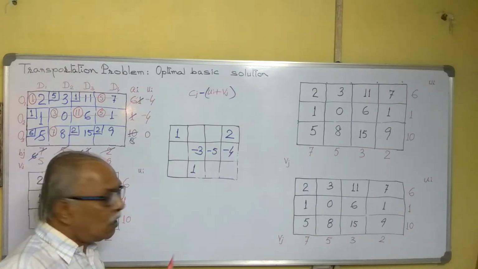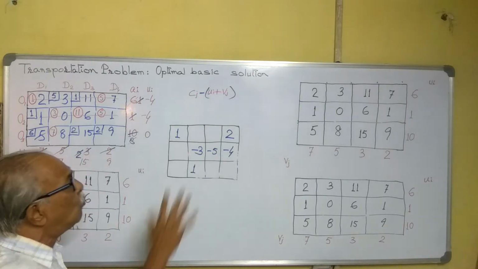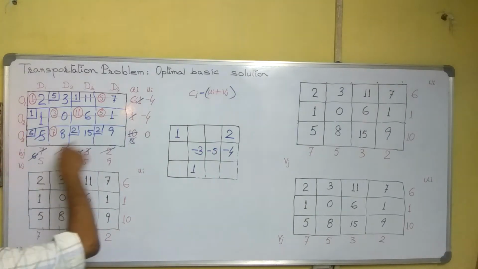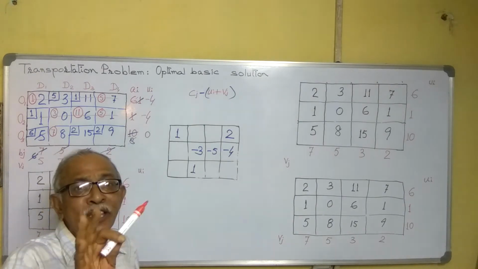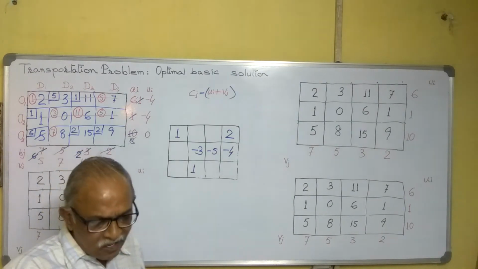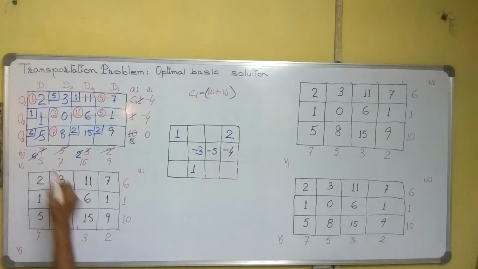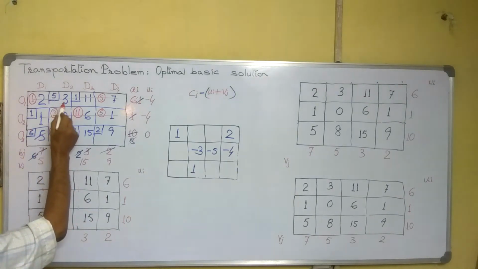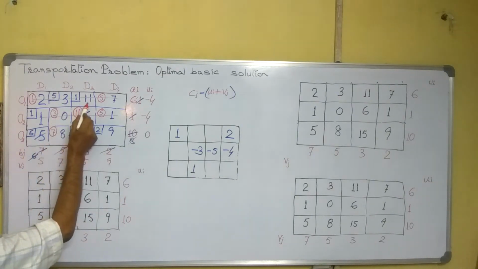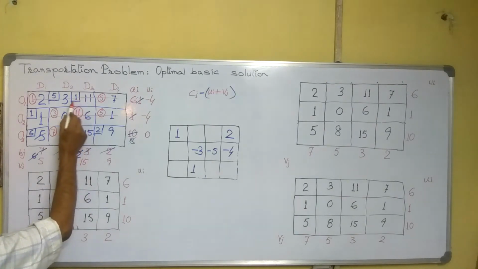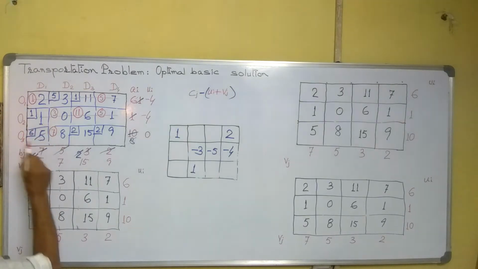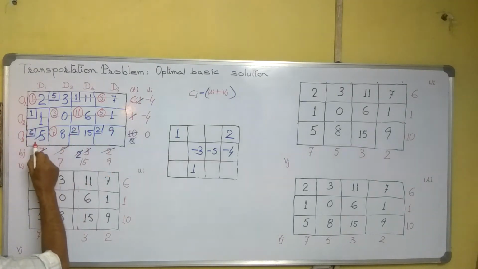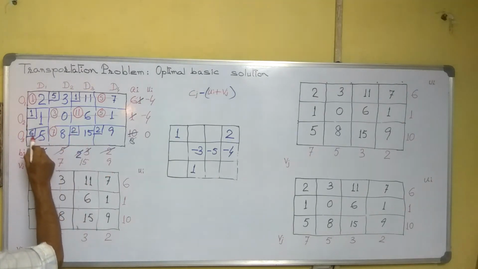You tend to know that this solution is not the optimal solution. Hence what I am showing is not required, but still I will suggest do it. Check the cost here. 3 into 5, 15, plus 11 into 1, 15 and 11, 26. 1 into 1, 27. 5 into 6, 30, 27 and 30 is 57.